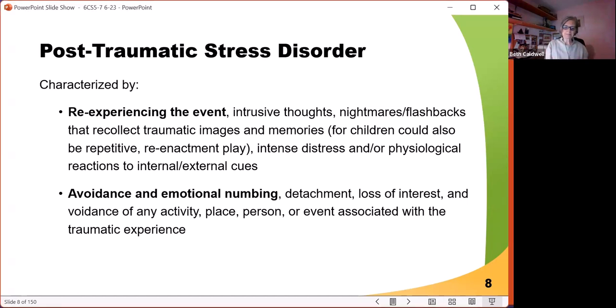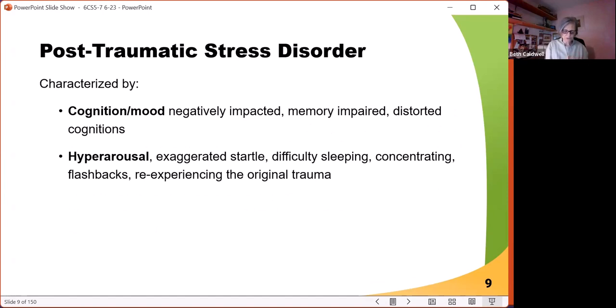And then the next slide, and this is extremely important to remember, PTSD is characterized by mood and cognition negatively impacted, but it's that hyper arousal, exaggerated startle. How many of you have actually experienced in your program somebody losing control? All of us, right? This is who we're serving. And this is what we're seeing often when somebody's losing control, that it's part of their PTSD.